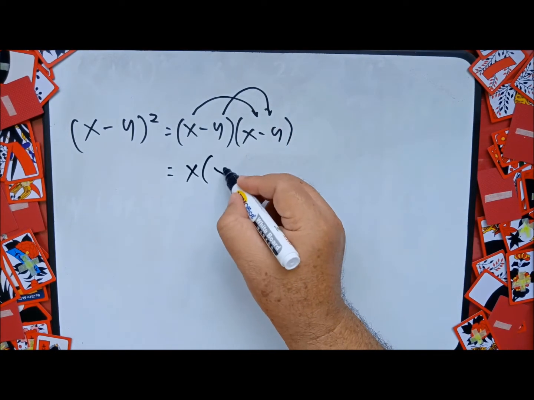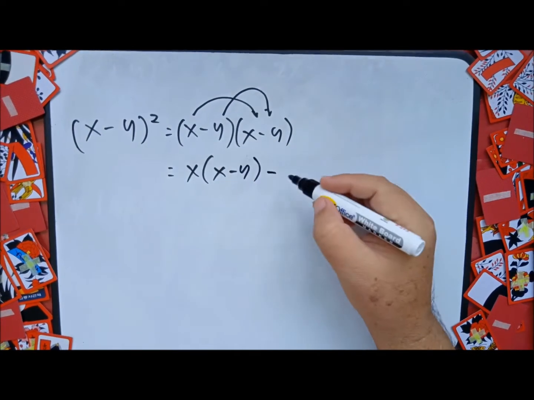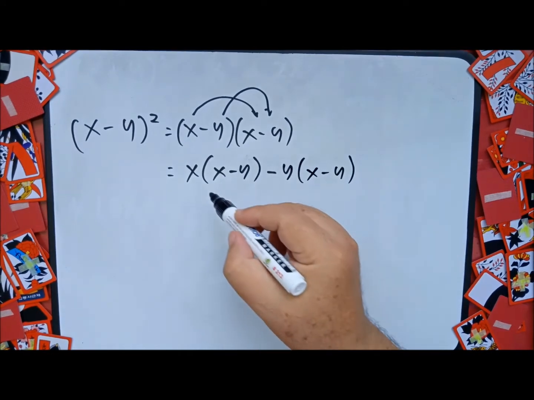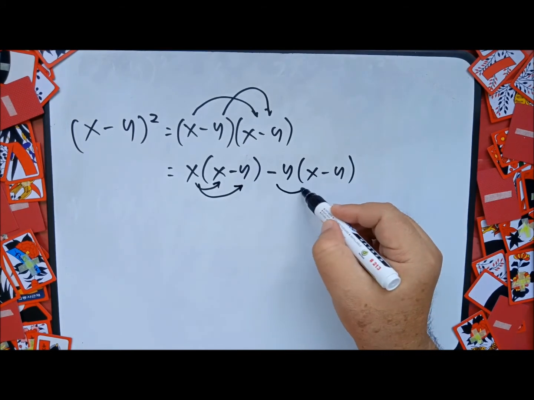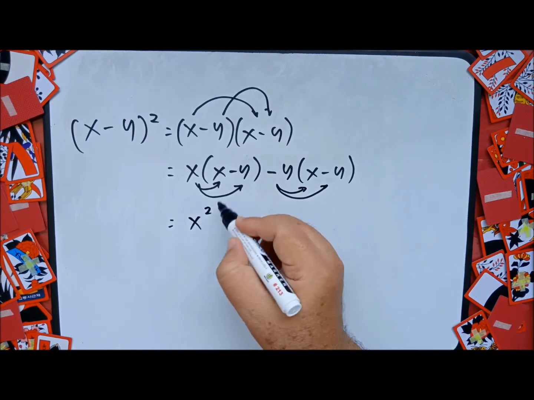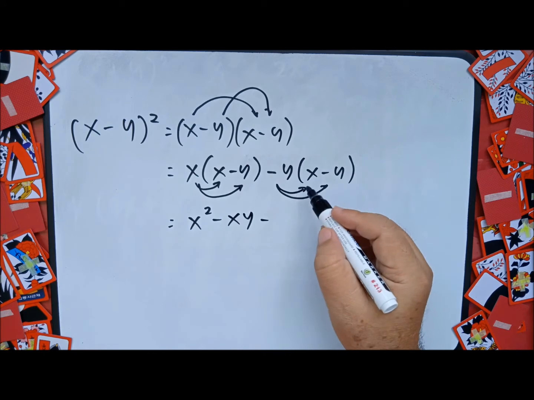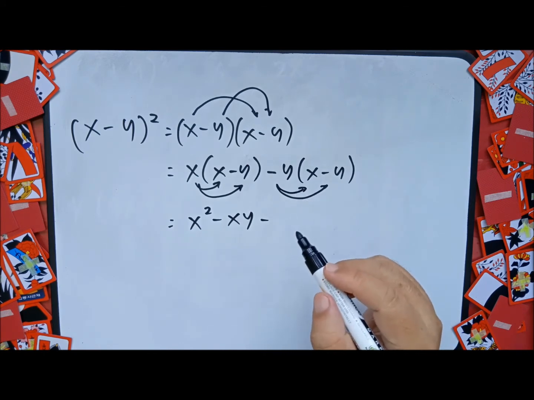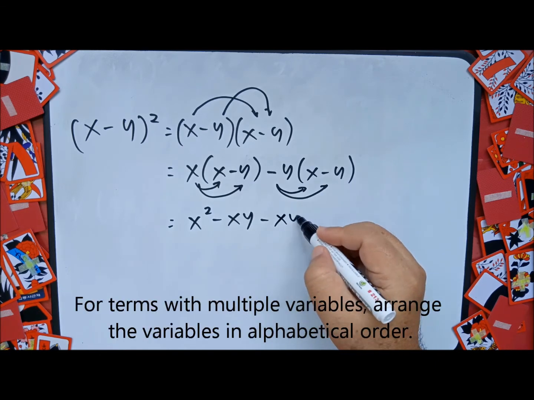x times (x − y) minus y times (x − y). Distribute again. This will become x squared minus xy minus yx. But I told you, you have to write in alphabetical order, so x comes first: xy.